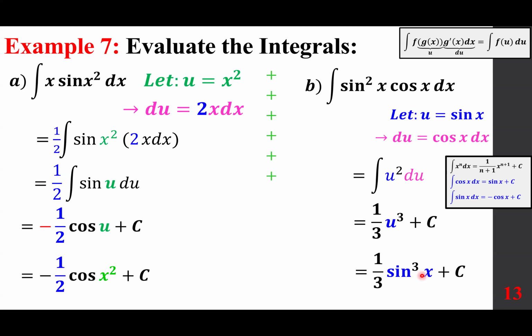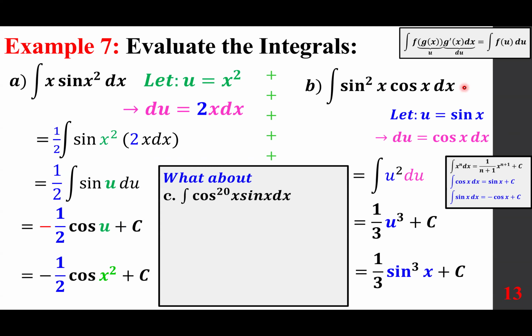We get 1/3 sine cubed x plus a constant. And we're done. As always, differentiation will result in the same thing without the dx for checking.